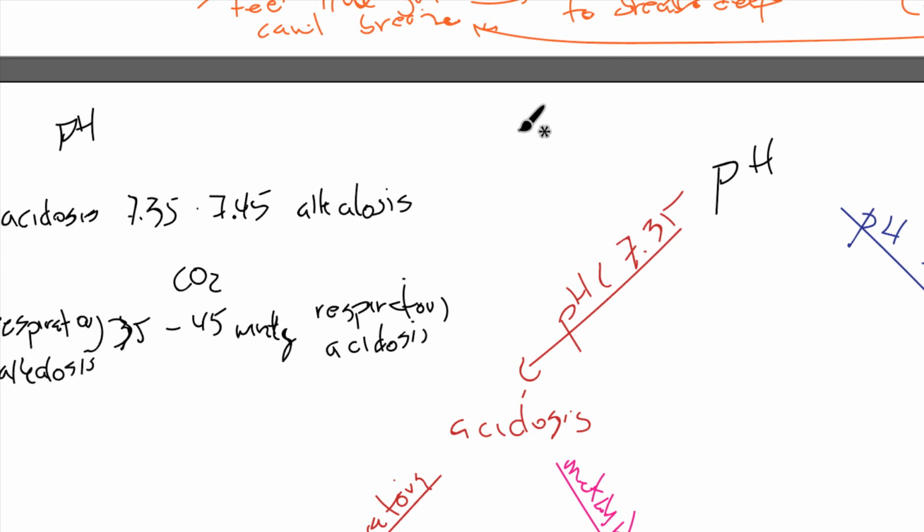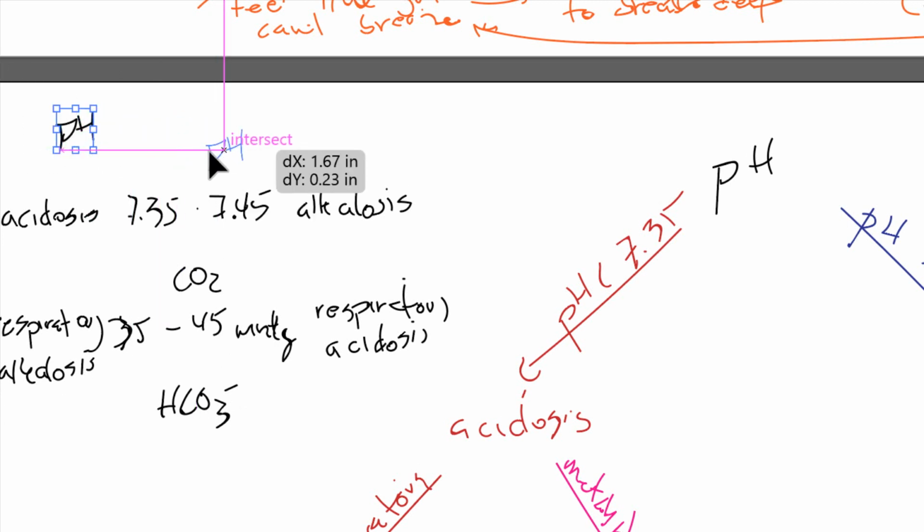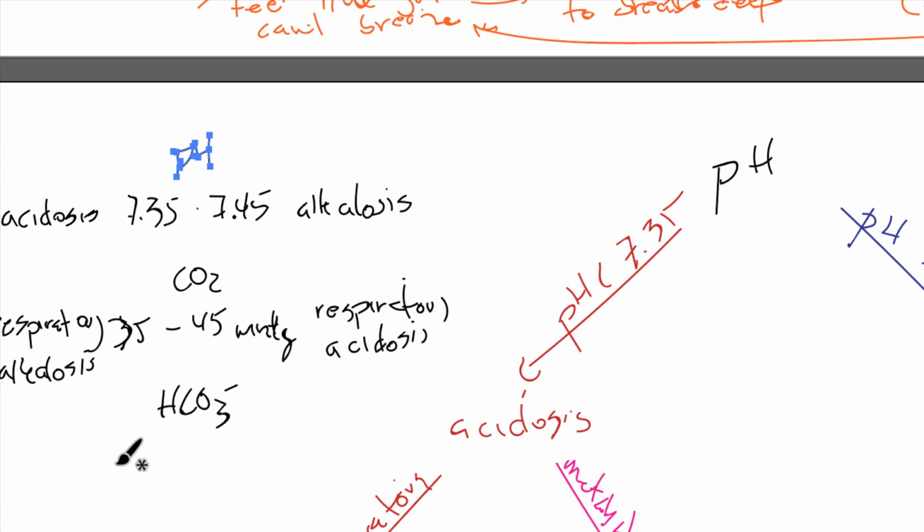The other thing we care about is bicarb. Sorry, this is driving me nuts. I should have had this kind of over here. Okay, so with bicarb, our scale is 22 to 26. And again, we're going to express this as a gas.